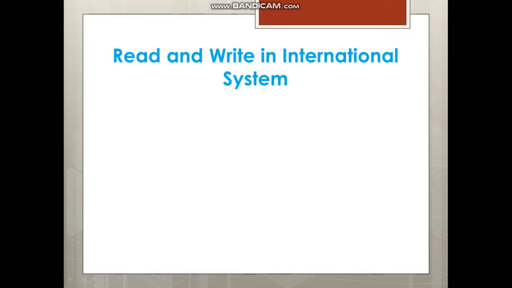Let's take another example. Here the number is already written in the international system by putting commas after ones period and thousands period, meaning after every 3 digits. It is representing the international system of numeration, and in this example we have to write this number in words, meaning we have to write the number name.